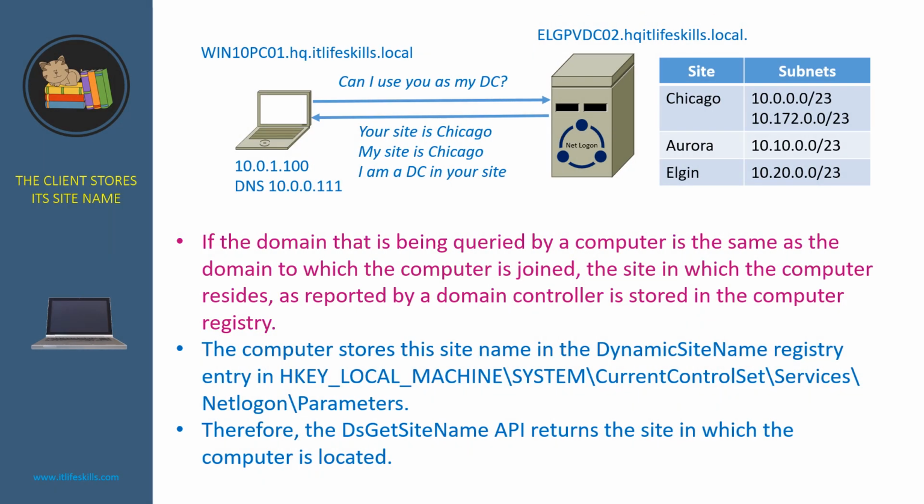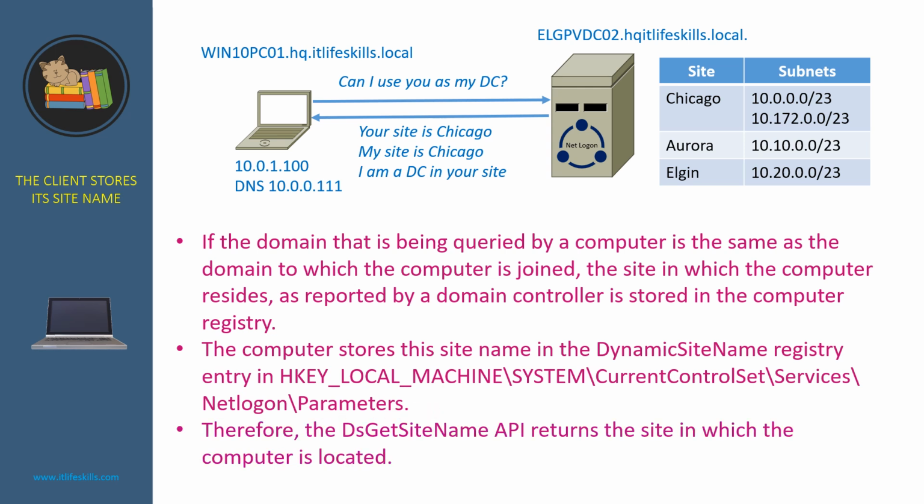If the domain that is being queried by a computer is the same as the domain to which the computer is joined, the site in which the computer resides as reported by a domain controller is stored in the computer's registry. The computer stores this site name in the DynamicSiteName registry entry in HKEY_LOCAL_MACHINE\SYSTEM\CurrentControlSet\Services\Netlogon\Parameters.